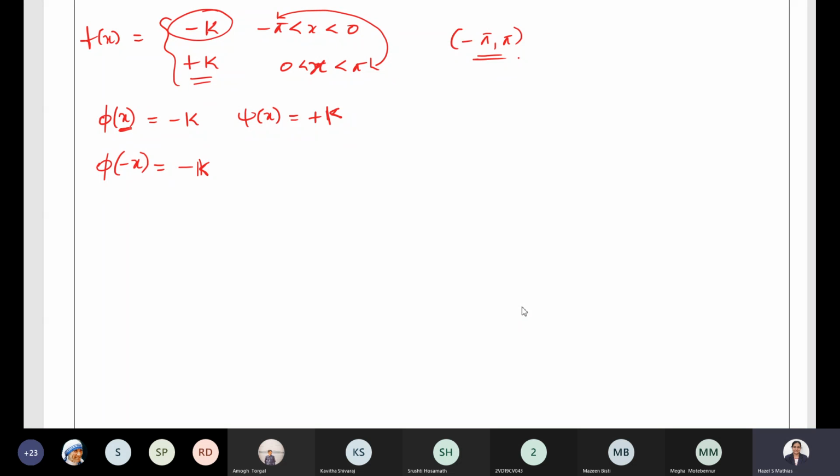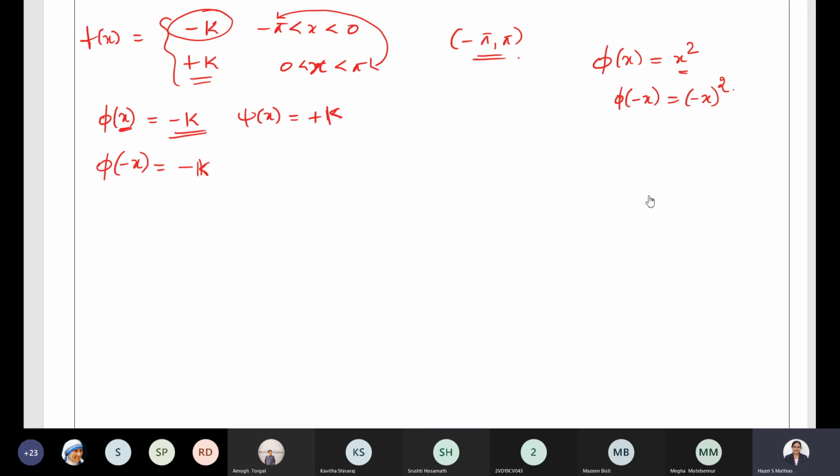Suppose if we have phi of x is equal to x square, phi of minus x will be replacing x by minus x. But here in this term there is no x term. This is a constant k. So where will you replace x by minus x? Whatever may be the value of minus x, it remains the same because k is a constant.